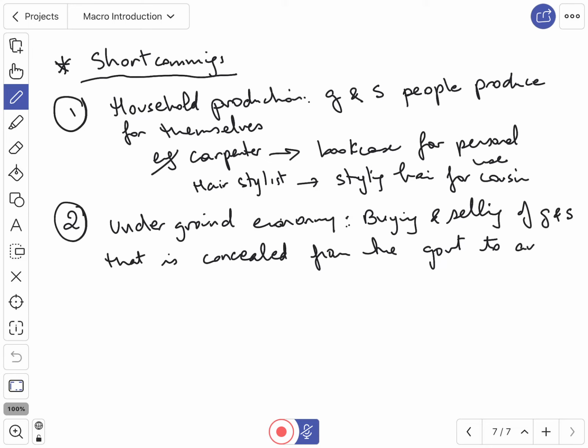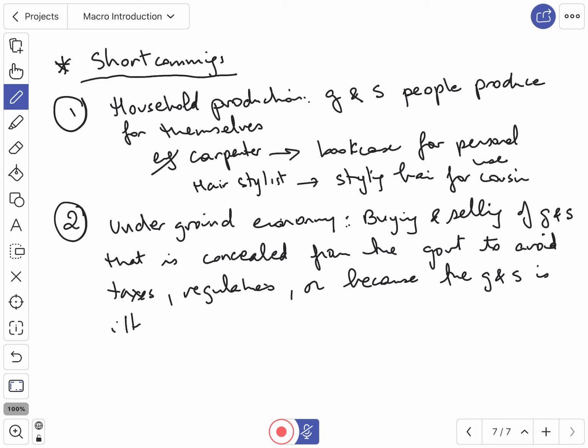People want to avoid taxes, they want to avoid regulations, they want to avoid being detected because it's illegal.